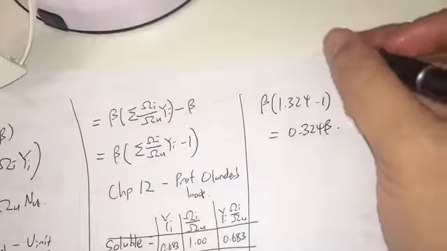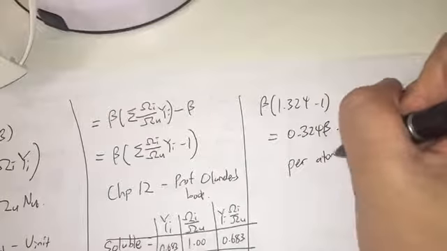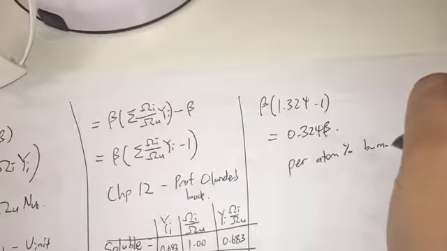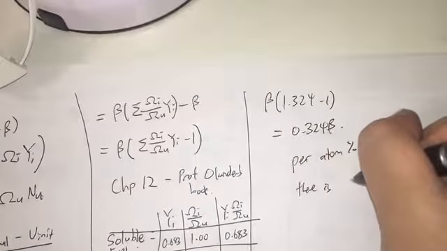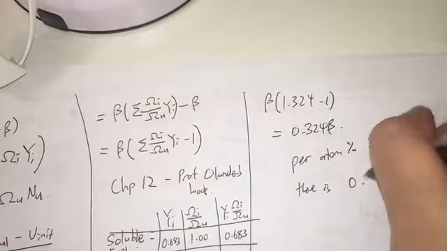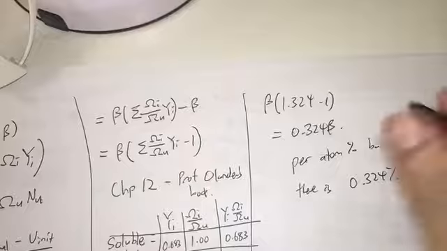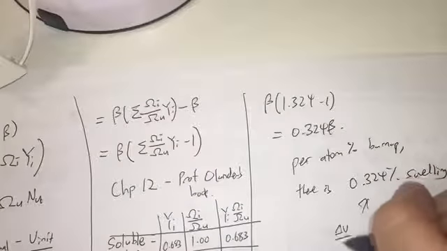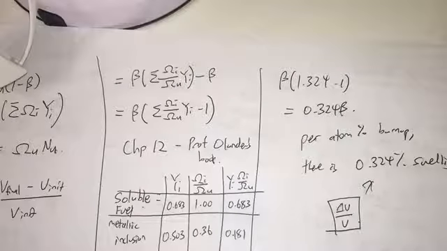So per atom percent burnup, there is 0.324% swelling. So remember, this is delta V over V. So you see, solid products can cause the fuel to swell. So now with solids out of the way, let's move on to discuss a little bit about fission gases.